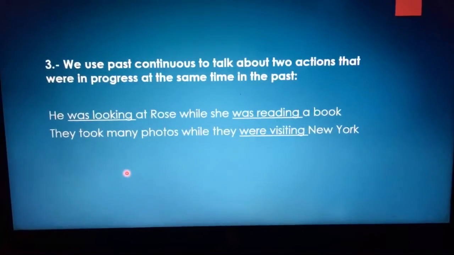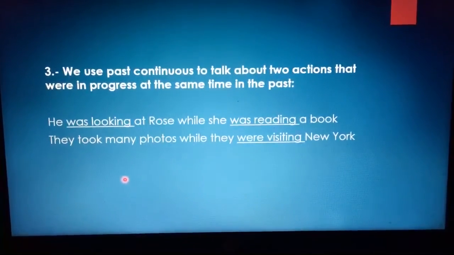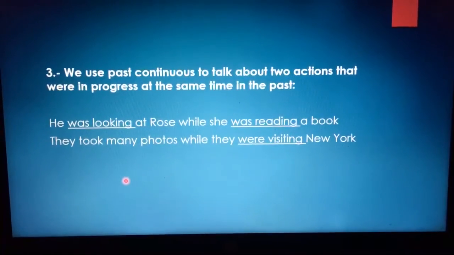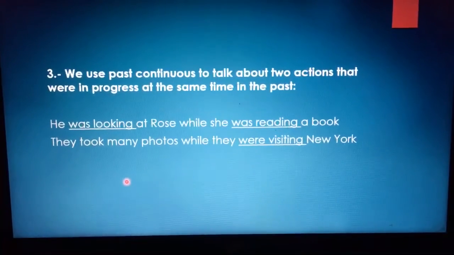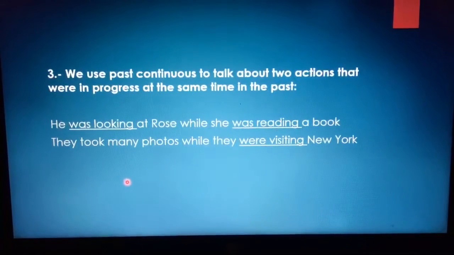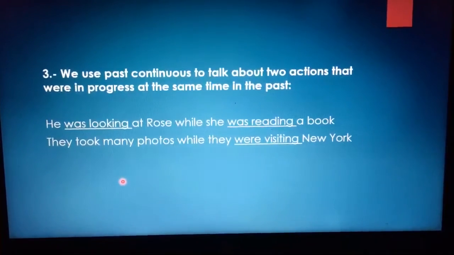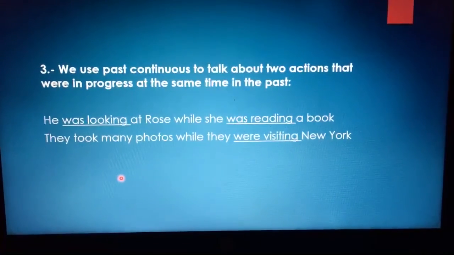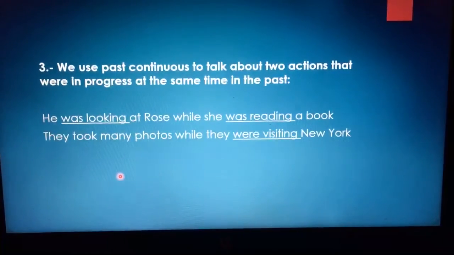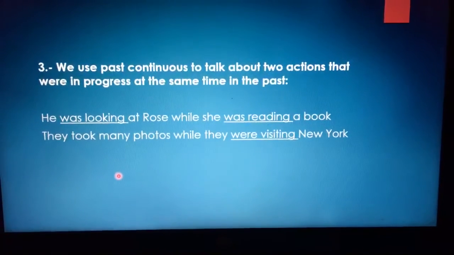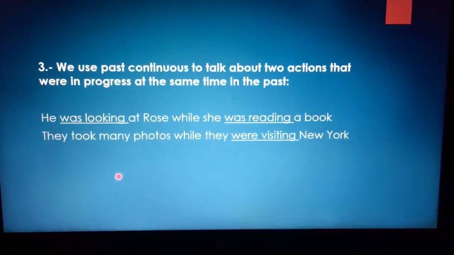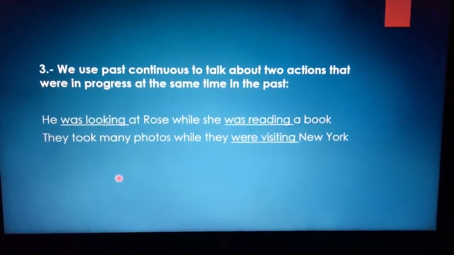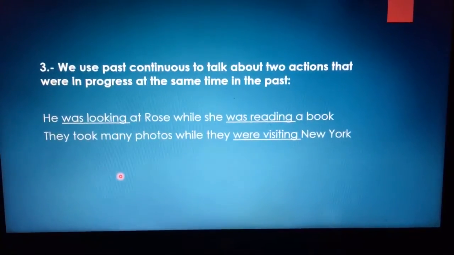The third case is we use past continuous to talk about two actions that were in progress at the same time in the past. That means both actions were simultaneous in the past. And for this, it's important, there are certain words that we can use and that we can recognize so we know that we're talking about this case.